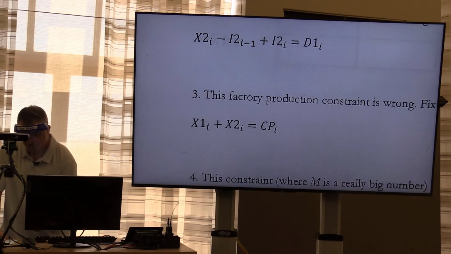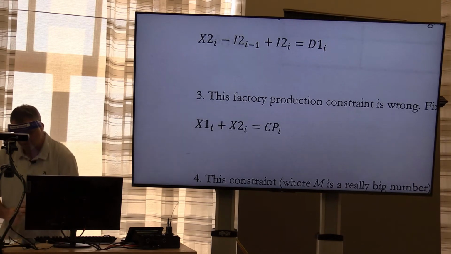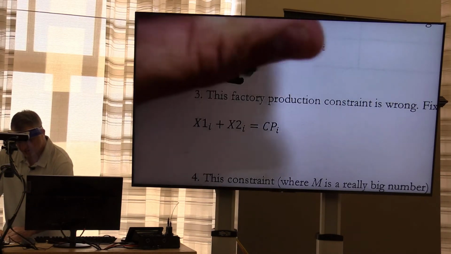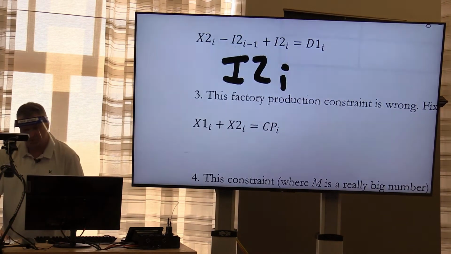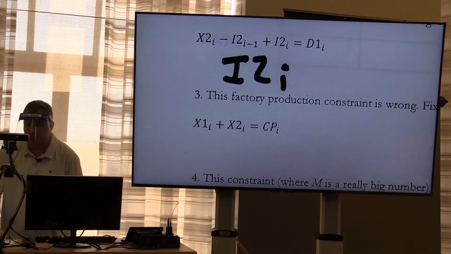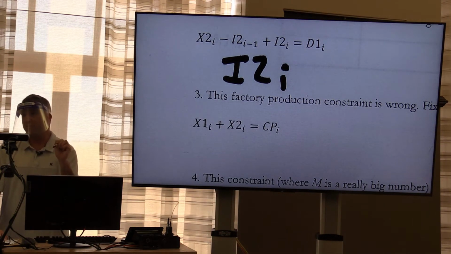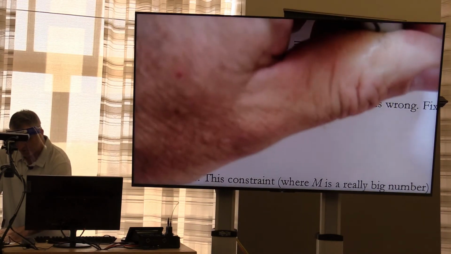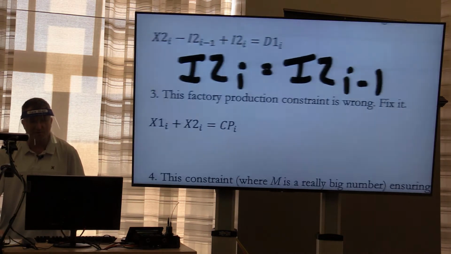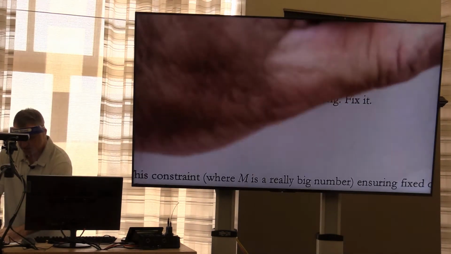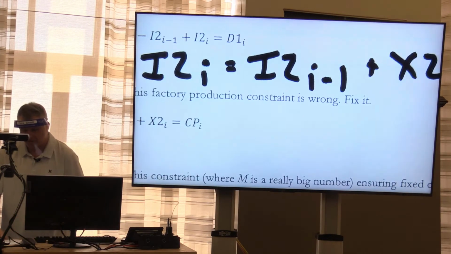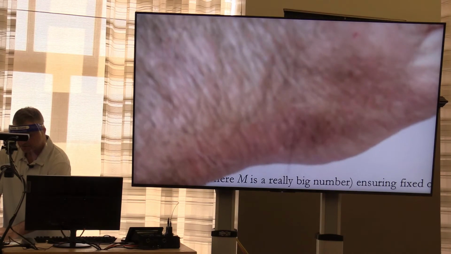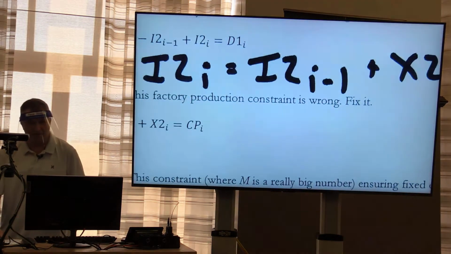I know that ending inventories, the amount of gum 2 inventories we end the month with, is going to equal however much you start with, ending inventories from the previous month, plus however much you produce that month, minus however much you sell that month.